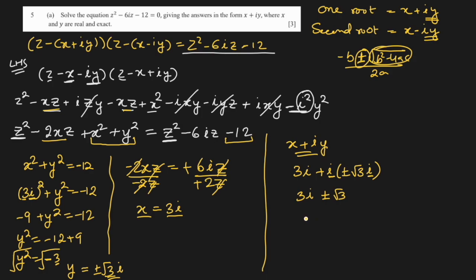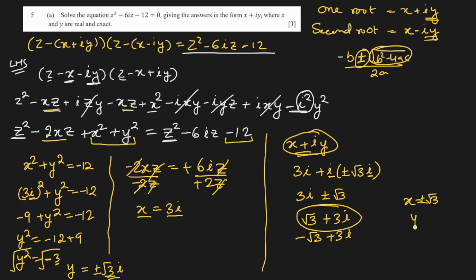So our two solutions are square root 3 plus 3i and negative square root 3 plus 3i, where x and y are real and exact. So x is plus and minus square root 3, and y is 3. What next?